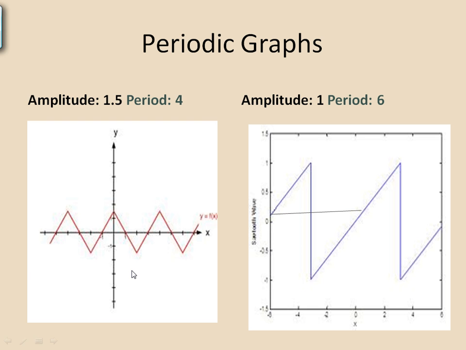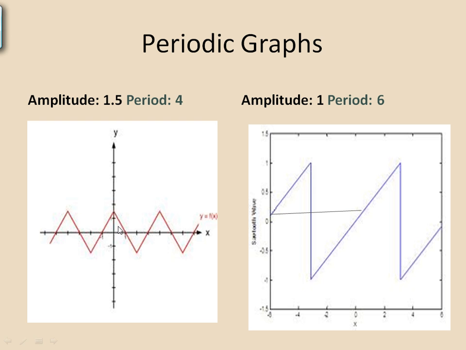So to get the amplitude, we would take the highest point, 1.5, subtract off the lowest point, minus negative 1.5, which would give us 3, and divide by 2, which gives us a final amplitude of 1.5. Again, it's also the distance from the horizontal line that bisects our graph to either the highest or lowest point.